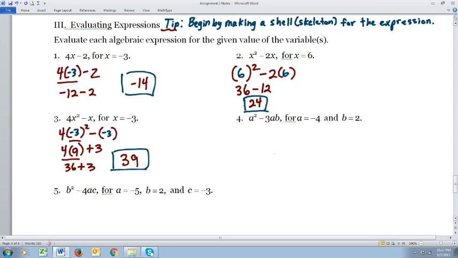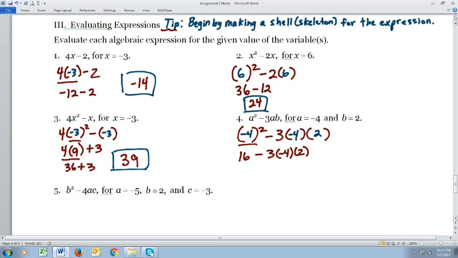And then we got one more here, a squared minus 3ab. Let's make our shell. Let's plug in our numbers. Make sure that you're getting those numbers in the right place. All right, and then we follow order of operations. So we're going to square that -4 first. Again, -4 times -4 is 16.